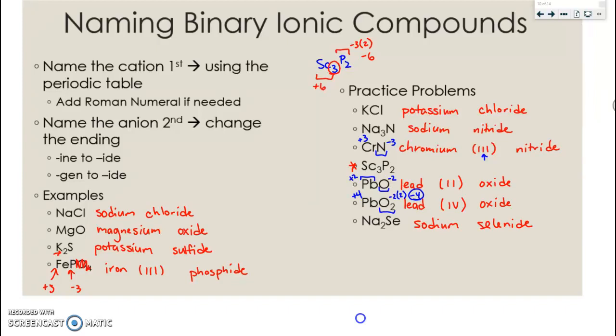However, this time there's not one Sc, there are 3, and I need to know the charge of each Sc. So I'm going to take that +6 divided by 3 to get +2. Therefore, when I name this, it's scandium 2 phosphide.